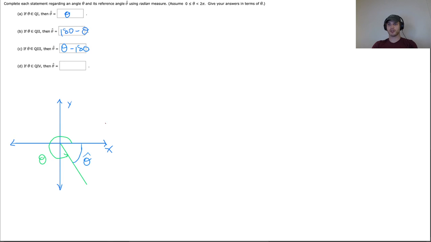This is theta hat. And I can make this expression say that theta plus theta hat equals 360. You can just see that from the diagram we drew. So if I want to solve for theta hat, I'll subtract theta from both sides and find out that theta hat equals 360 minus theta. Okay.